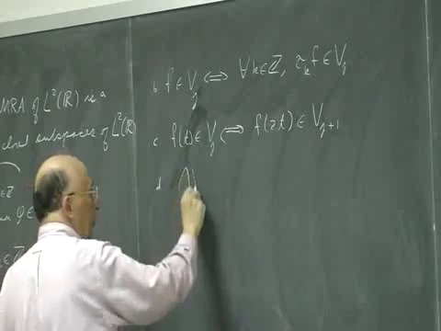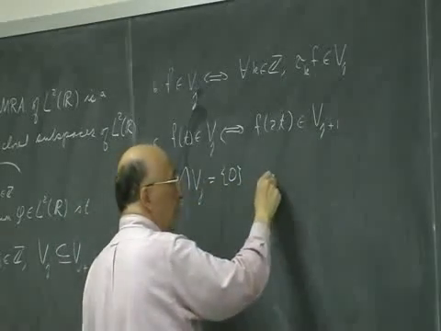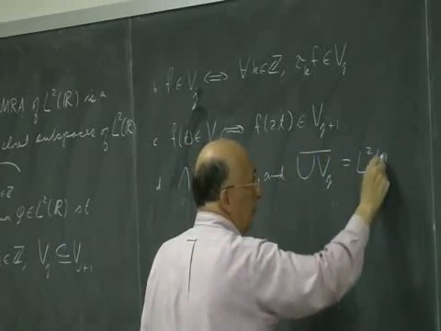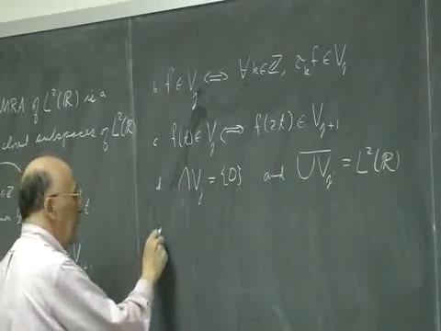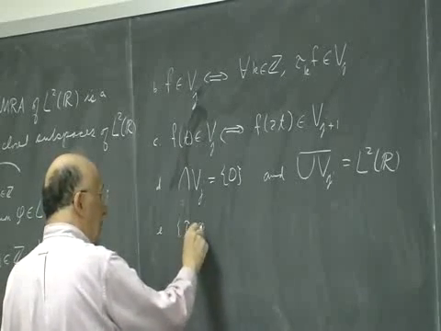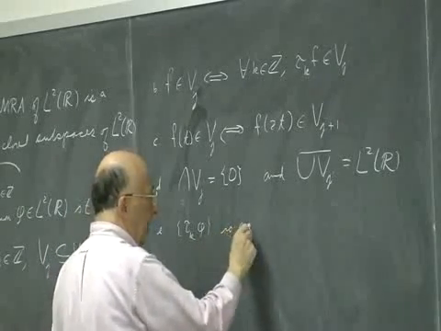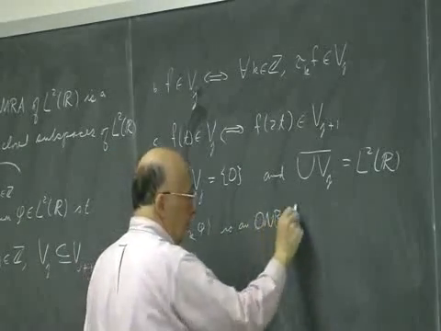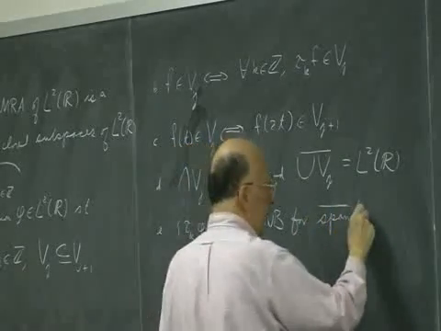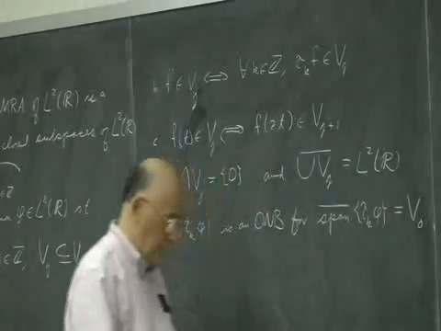D: the intersection of all the Vj's is the zero function, and the union of all the Vj's is equal to L2 of R. And then E: the translates tau k phi, that sequence is an orthonormal basis for the closed linear span of tau k phi, and that is what V0 is.